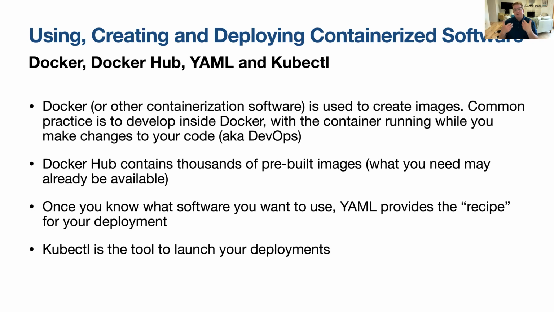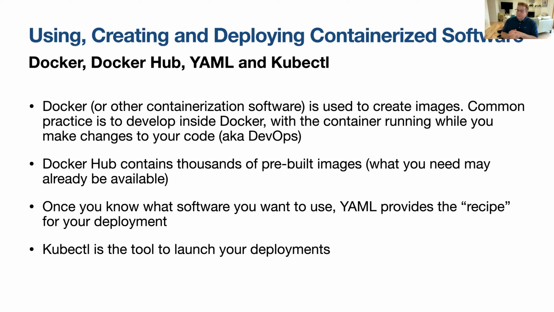It's common practice to develop inside of Docker running on your local machine, so you can make changes to your code while you're actually developing it. That's called DevOps. And once it seems to be running the way that you think it should run, then you're ready to go ahead and deploy it. And we'll talk about how you do that in a minute.